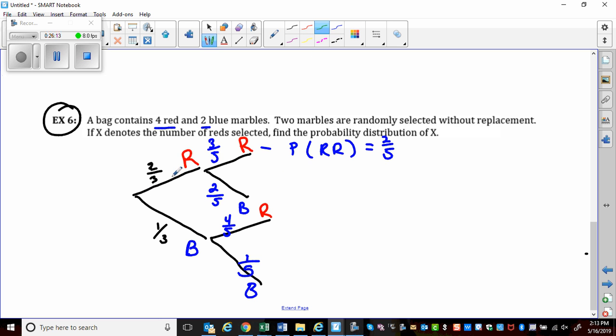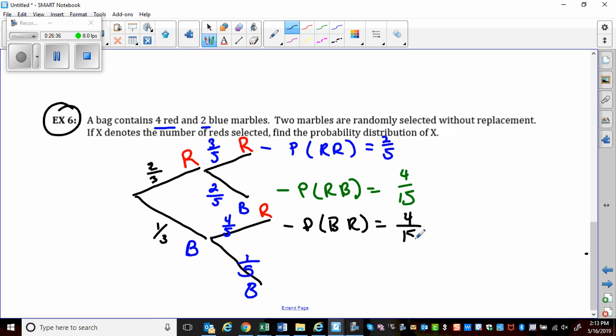The probability of red and then blue is 2 times 2 is 4 over 15. I don't know if I can simplify that. And then the probability of blue and then red is still 1 times 4, which is 4 out of 15. And then this one is the probability of blue and then blue, which is 1 over 15.